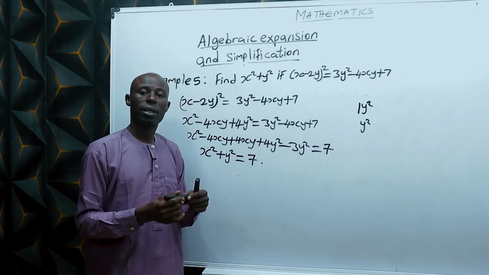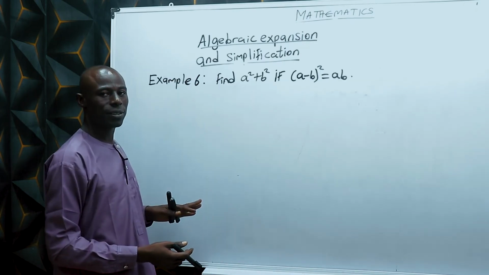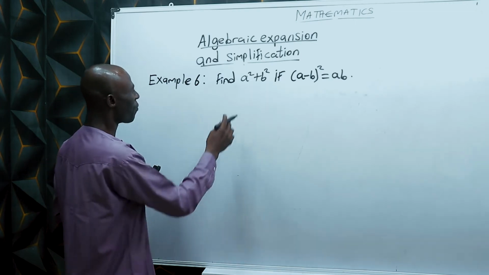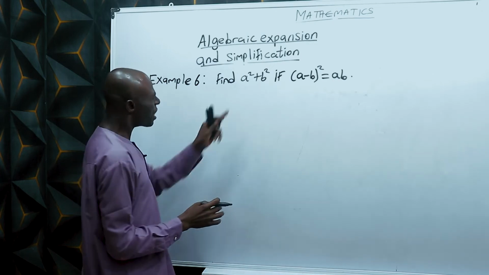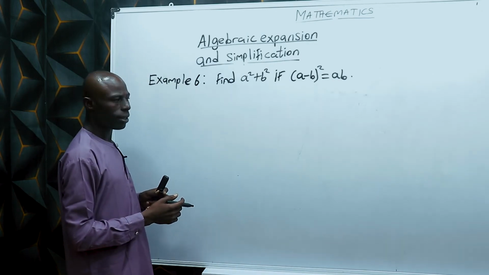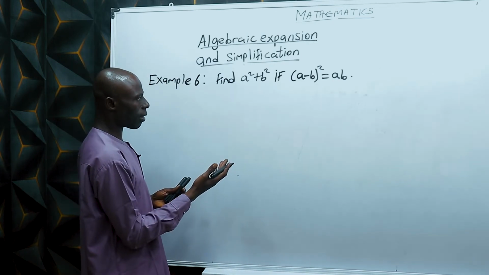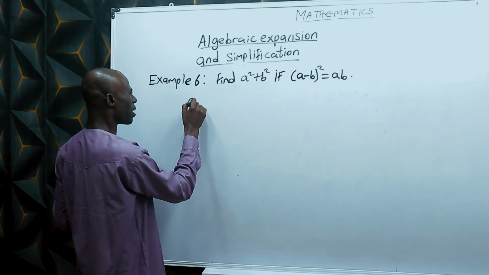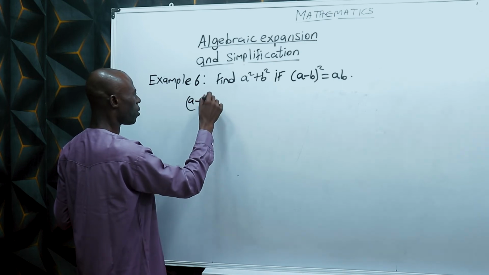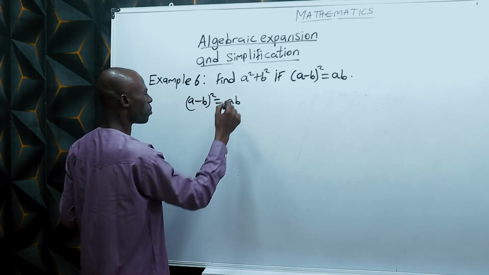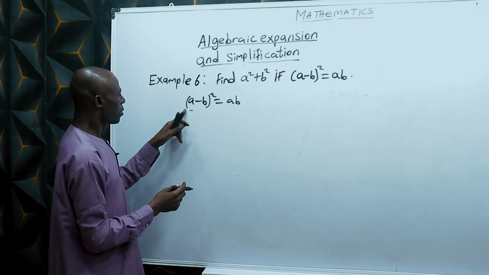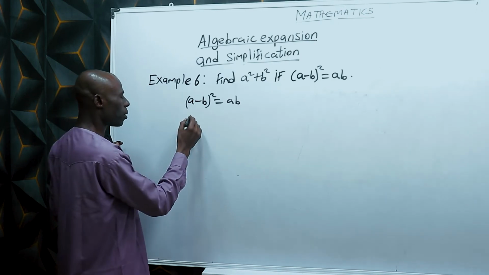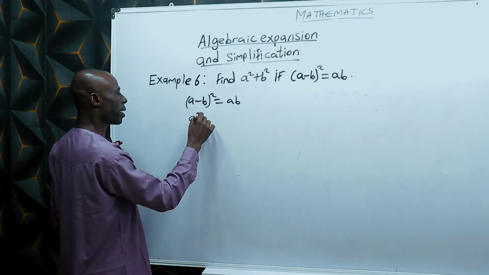That's the end. The final example on this that I have for you, example 6. Find a squared plus b squared if this is equal to this. This is just a follow-up of example 5. So write it: a minus b whole square equals a plus ab. The first thing to do, expand this. Square the first thing in the bracket, that is a squared.